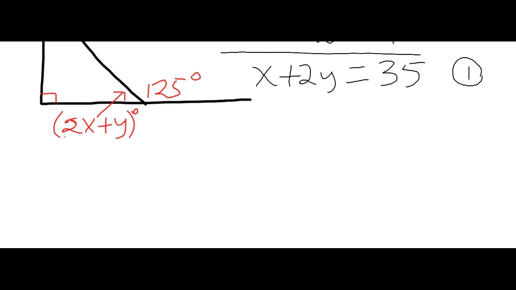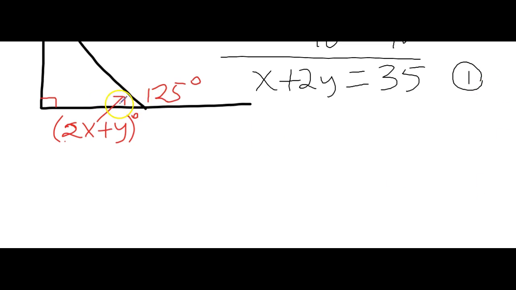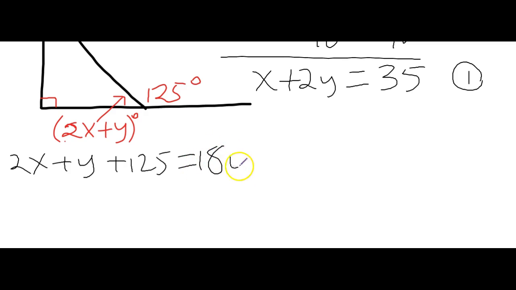Or another thing also, we know that these two angles are supplementary. So maybe instead of using the 3 angles in a triangle, we can just use these 2. Okay, let's do that. So angle 2x plus y plus 125 is equal to 180, because of the addition property of angles on a straight line.